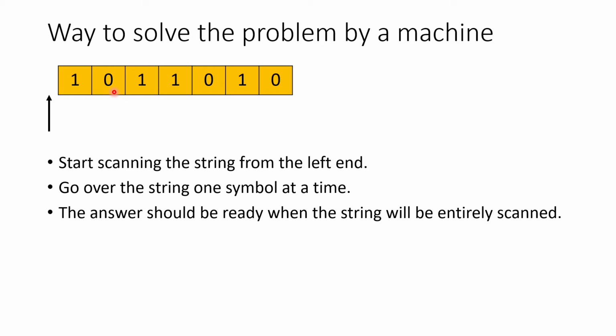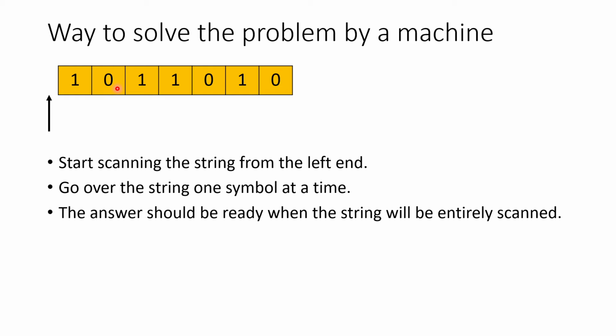That is why if you concatenate a 0 with any even number of zeros, then as a whole it will become an odd number of 0. So as soon as you visit this 0, your state of mind should change from an even number of zeros to an odd number of zeros.